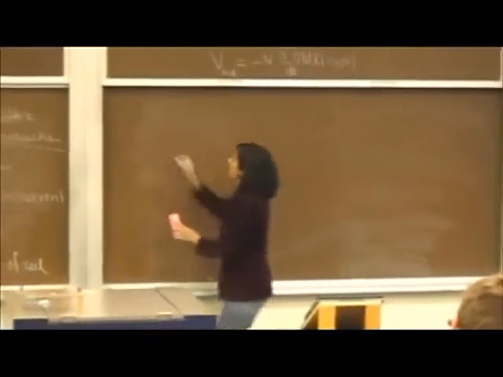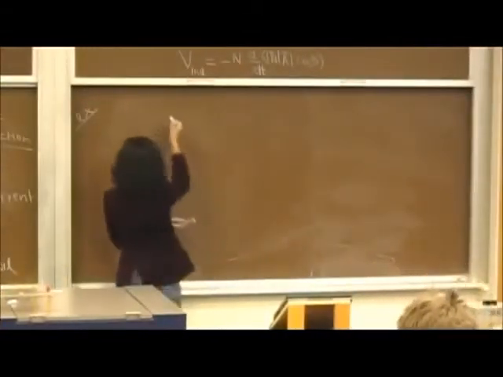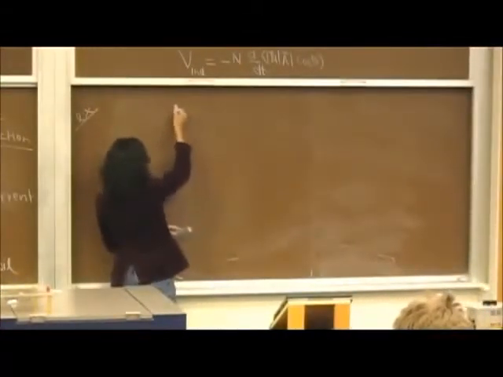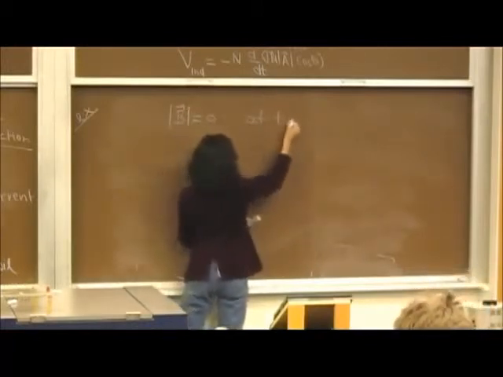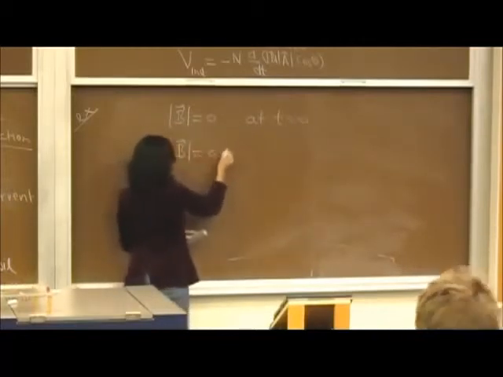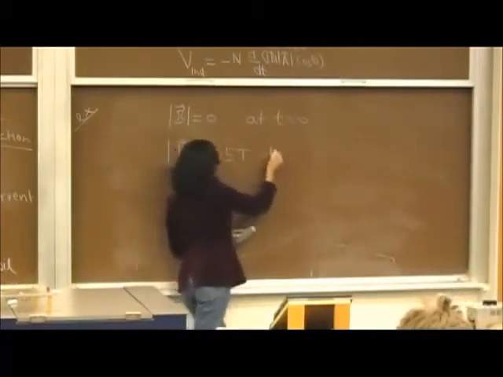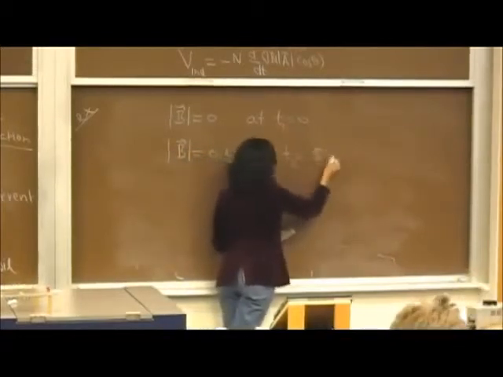So suppose you have a problem in an example. Suppose you are given that B magnitude was 0 at time t equal to 0 and B magnitude is equal to say 0.5 Tesla at T2 equal to 5 seconds.